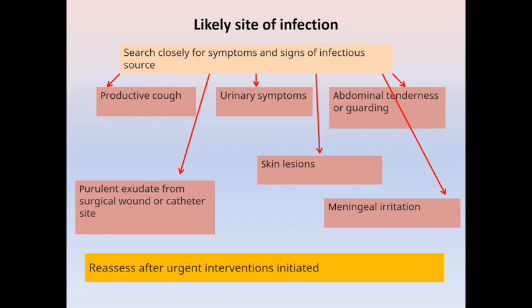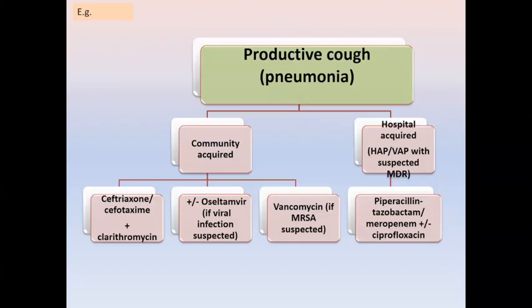Then we have to reassess after urgent intervention, because sepsis, as we have discussed already, is urgent. We have to attend urgently. So after urgent intervention, we have to reassess continuously. If you take a few examples, like a history of productive cough, suspected pneumonia, it could be community acquired, it could be hospital acquired. That much we know, of course, when a patient comes. If it is community acquired, our drugs of choice will be ceftriaxone or cefotaxime with clarithromycin.